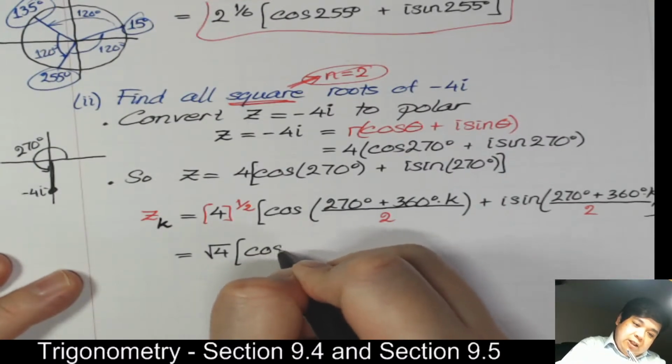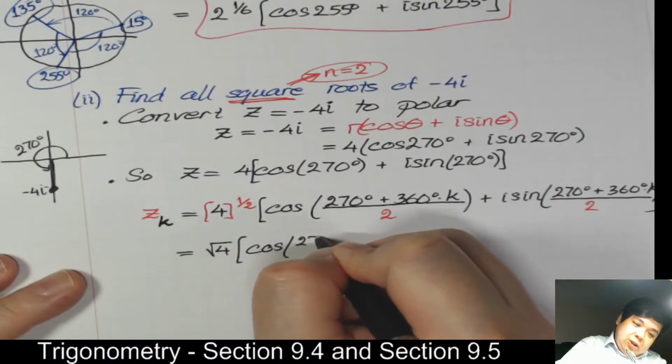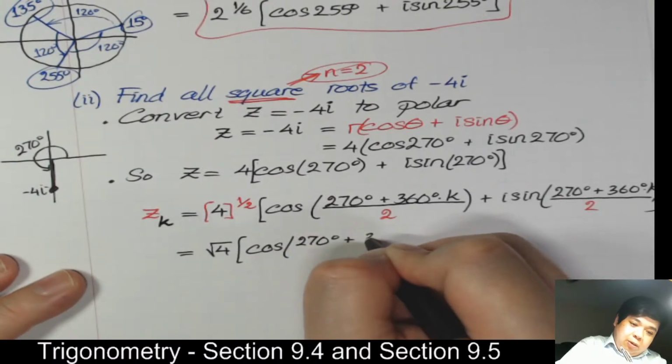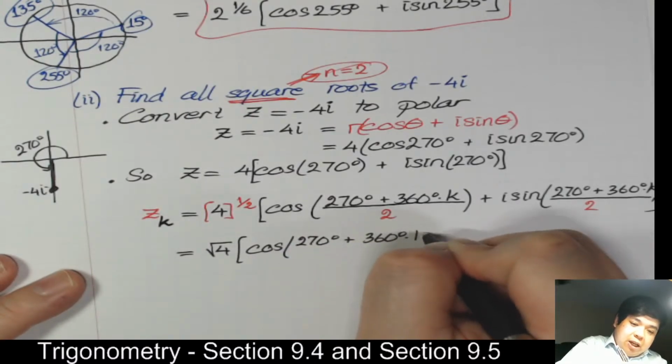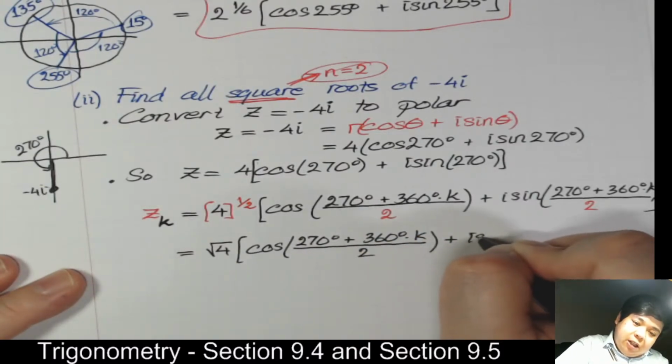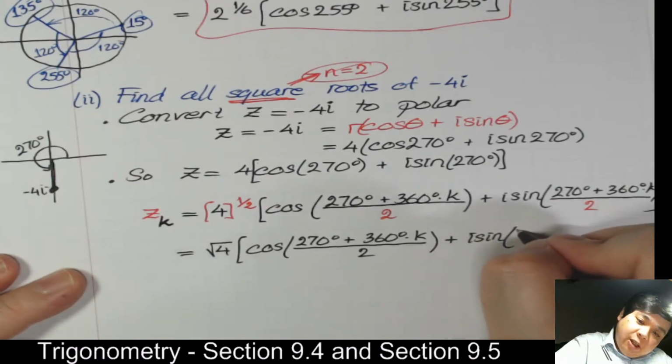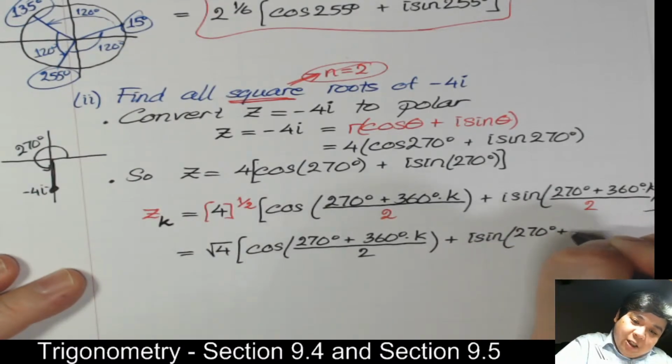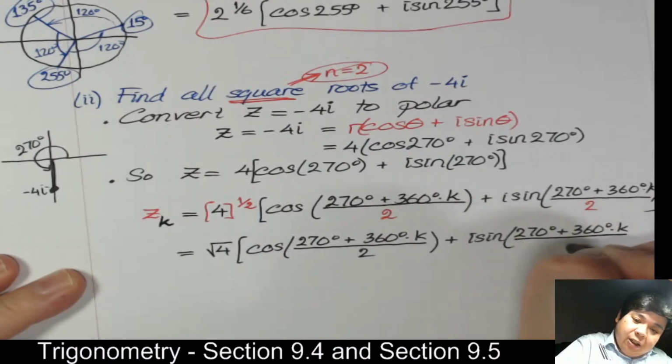Just write this again: cosine of 270 plus 360 times k divided by 2, plus i sine of 270 plus 360 degrees times k divided by 2.